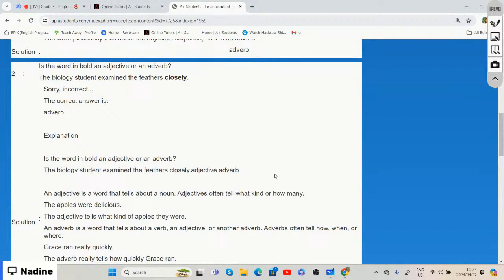All right, so we said closely is an adverb.